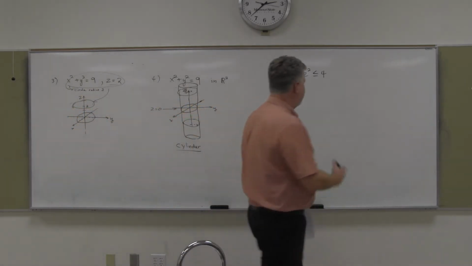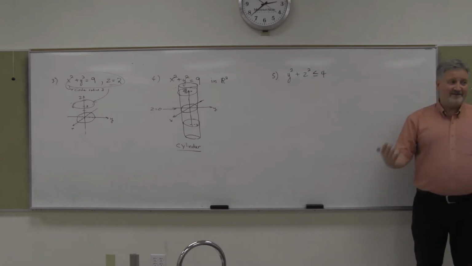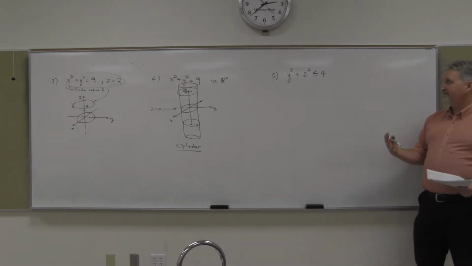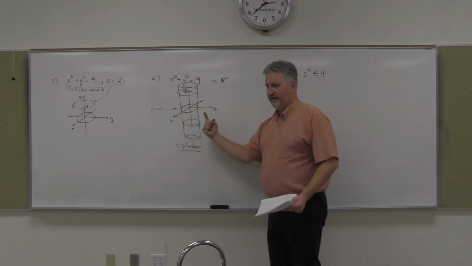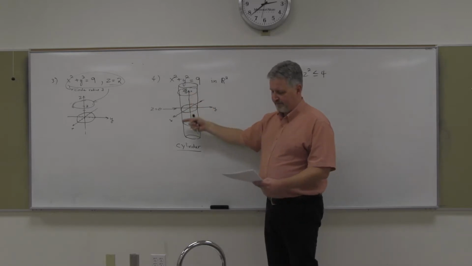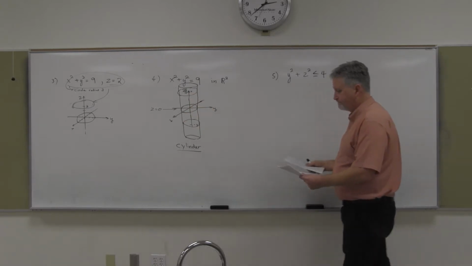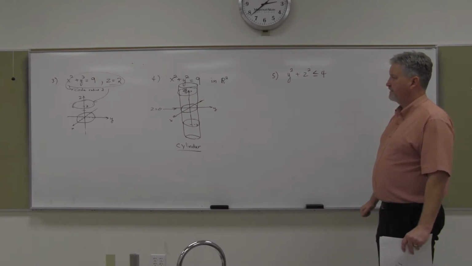Well, if you think about it though, y squared plus z squared equals 4. That's still just going to be a circle, isn't it? So you got a circle. It's just that the circle now, instead of being in the xy plane, is going to be in the yz plane. And so you'll have the circle in the yz plane.